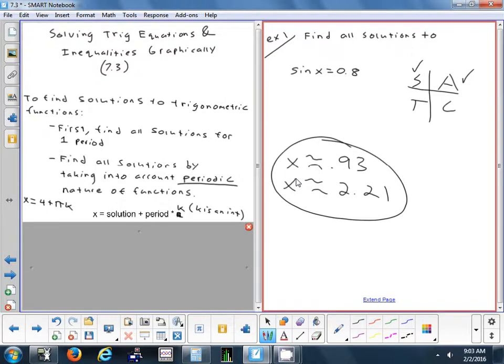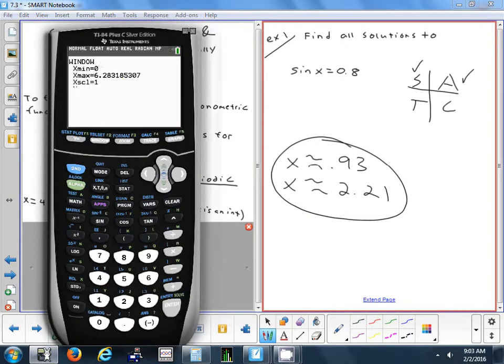I did radians. If you're in degrees, then what you'd want to do is set your window from 0 to 360, and then you'd still want to go negative 2 to 2 on the y. Any questions on how you do this in degrees?